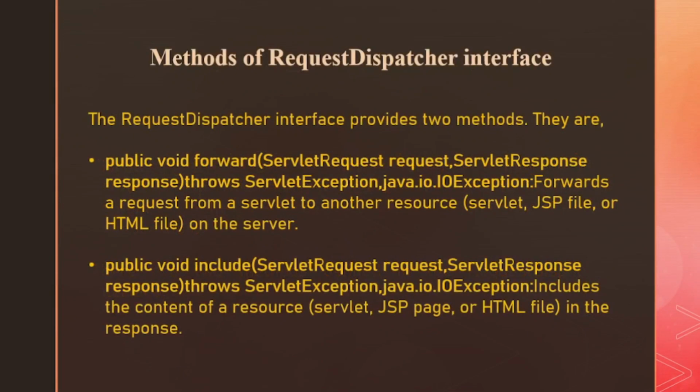Methods of request dispatcher interface. The request dispatcher interface provides two methods. They are: public void forward(ServletRequest request, ServletResponse response) throws ServletException, java.io.IOException, which forwards a request from a servlet to another resource on the server.